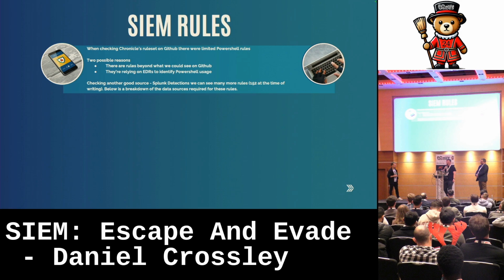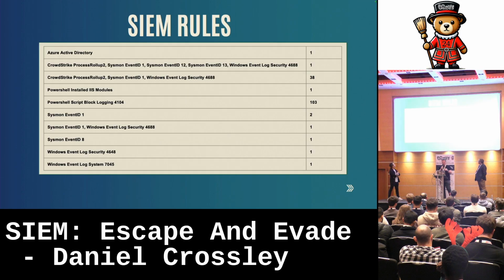The last point I want to make here is around PowerShell. I just love it because it's used by most adversaries, and they will typically use it for many different stages of the attack. But if you look in Splunk, which has been around a lot longer than Chronicle, and you look at the actual rule set, there's about 152 at the time I was doing this. One of the key things here was the data sources, right? If you break down where the data is coming from, one of the key parts is script block logging in PowerShell.